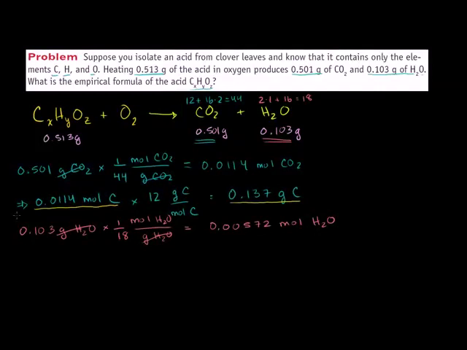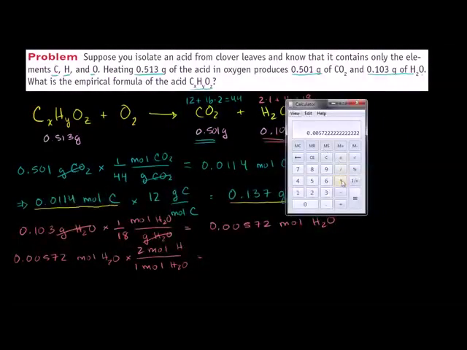So let me do that right here. 0.00572 moles of H2O times, we have 2 moles of hydrogen for every 1 mole of H2O. So we're just going to multiply this by 2 to get moles of hydrogen. So let me get back to the calculator.